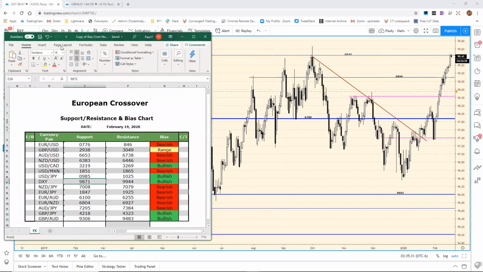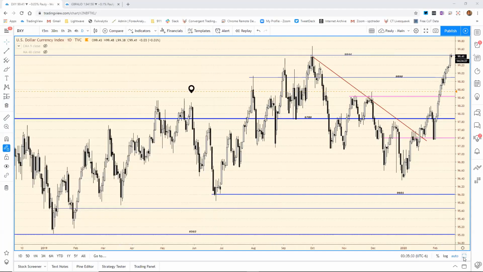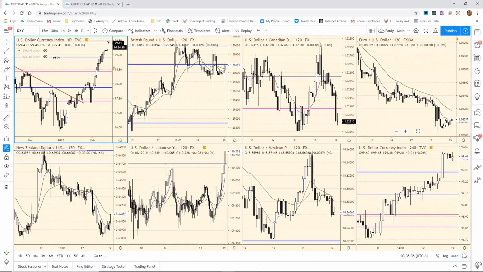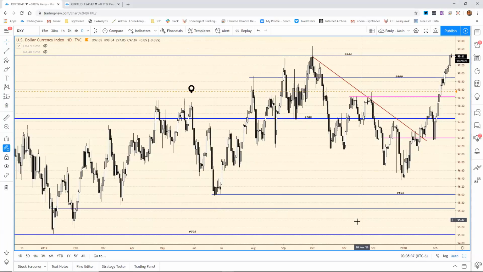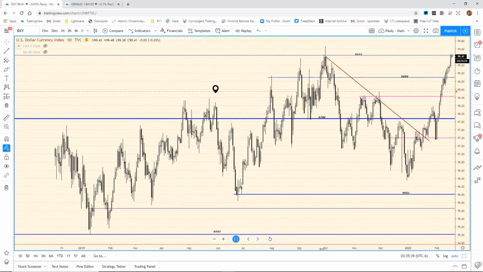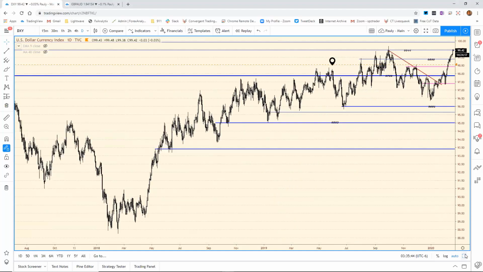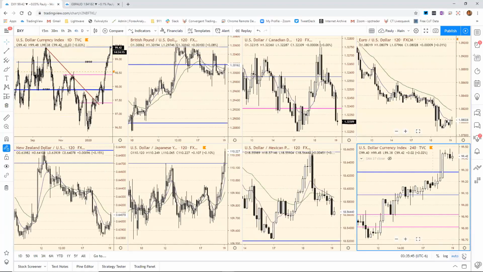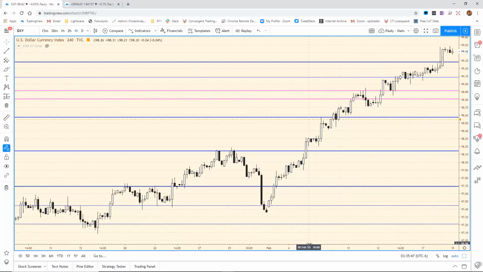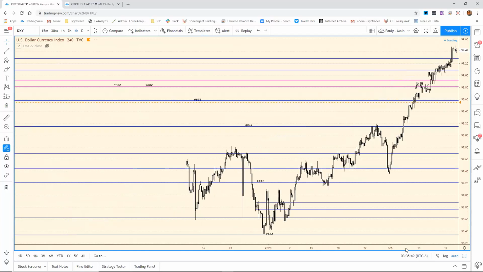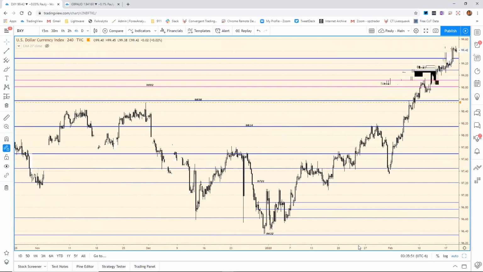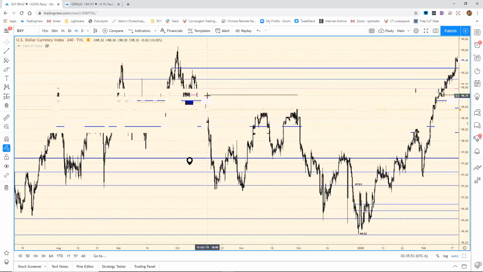Let's take a look at a 2-hour chart, see if we can see something a little bit closer. We've actually had it on a 4-hour because there's so much. $99.58.